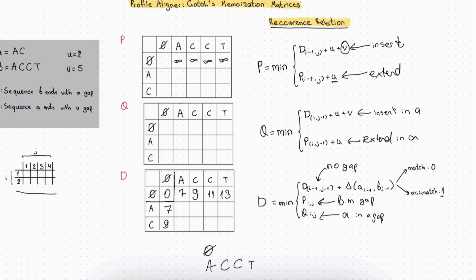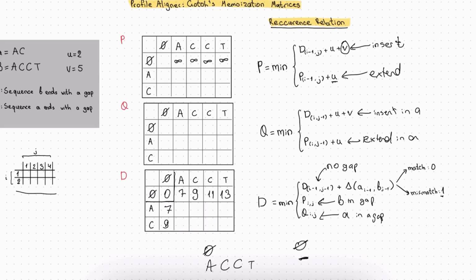Now there is no reason for us to align an empty set with a gap, which is, remember, what P was doing. So it was inserting gaps in sequence B, and there is no reason to do that if we have an empty set in the first sequence. Therefore, we put infinity so that this decision is never the minimum.